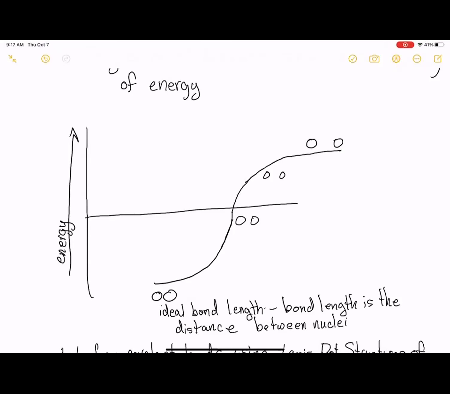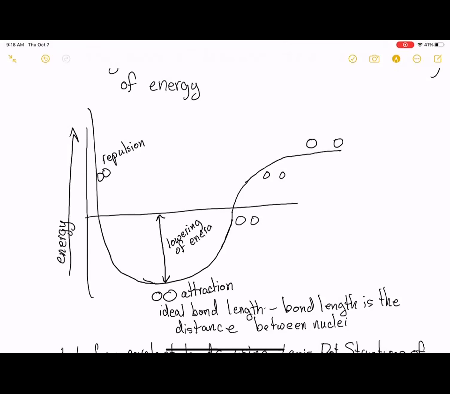And now, if we allow those atoms to get too close together, all of a sudden we get this shoot up of energy, because now you have repulsion, whereas before you had attraction. So covalent molecules form because of the lowering of energy due to their attraction.